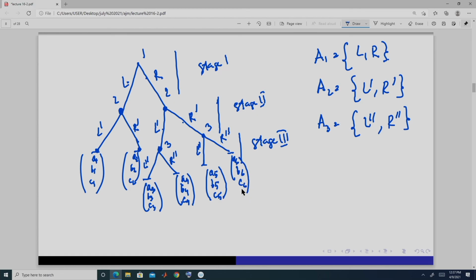Okay. So, this, and here interestingly we can make this game further complicated. So, we can do like this.